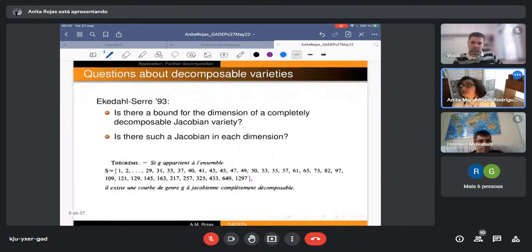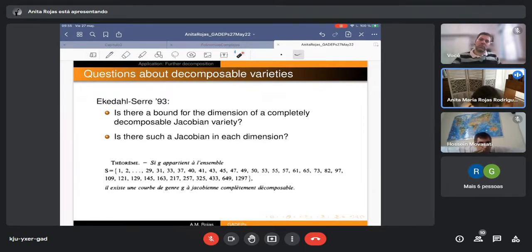So which questions are around these subjects? In 1993, Ekedahl and Serre asked about completely decomposable Jacobian varieties. It is still unknown if there is a bound for the dimension of completely decomposable Jacobian varieties.